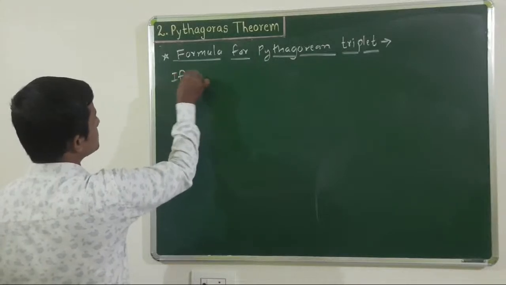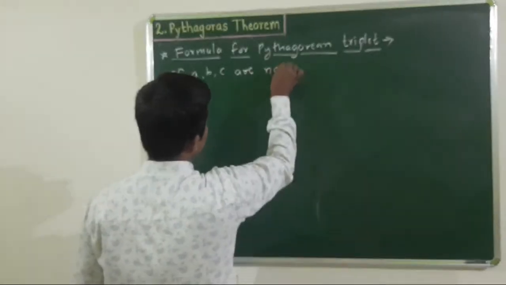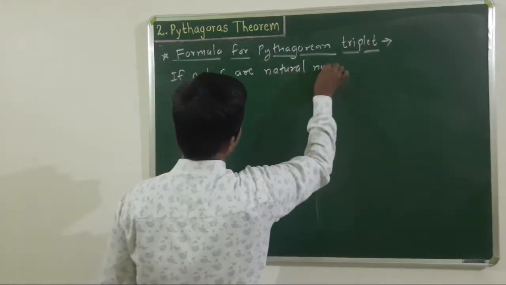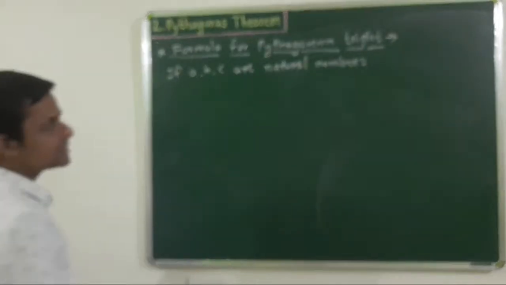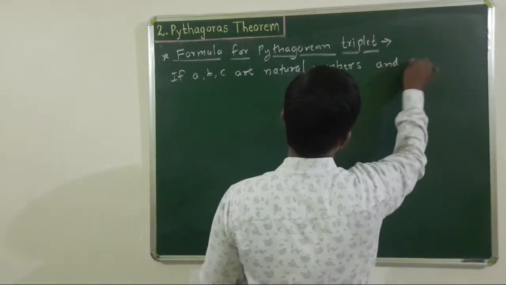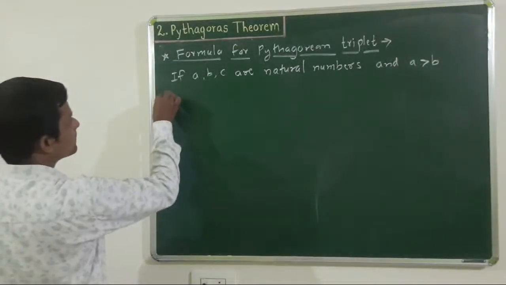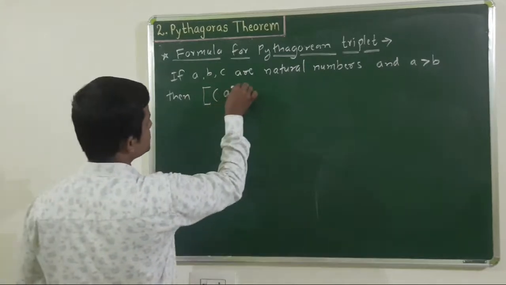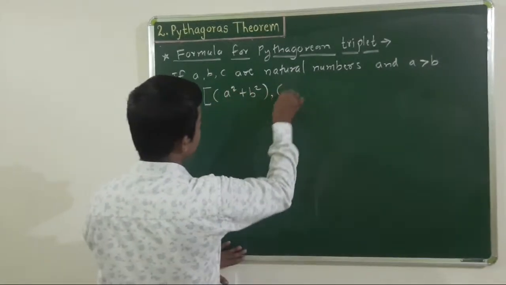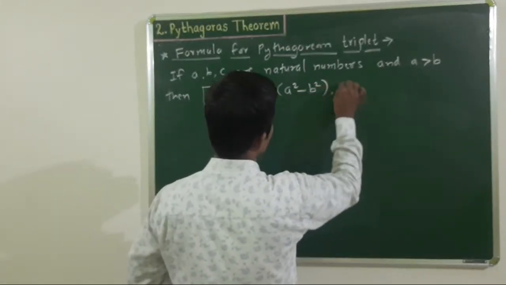Formula to find Pythagorean triplet. If a, b, c are natural numbers and a is greater than b, then the first number is a square plus b square, the second number is a square minus b square, and the third number is 2ab.